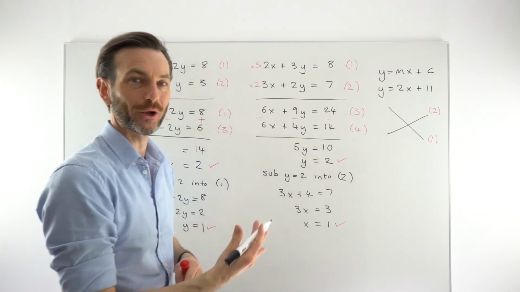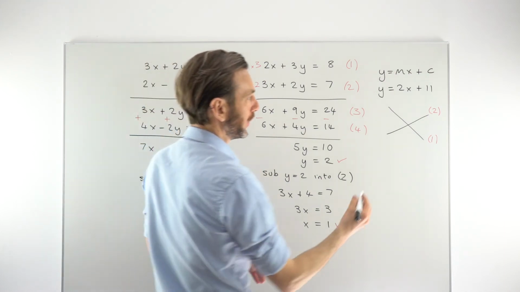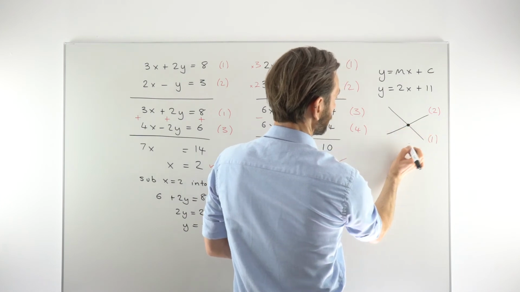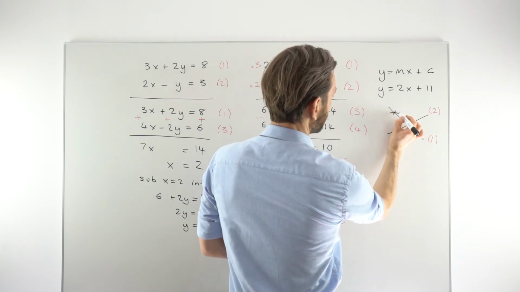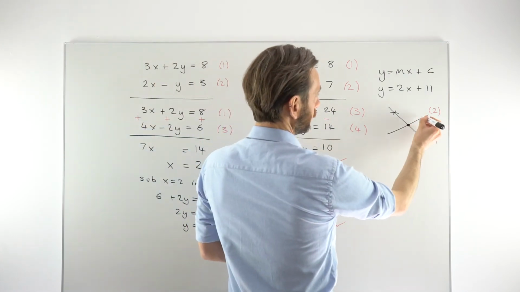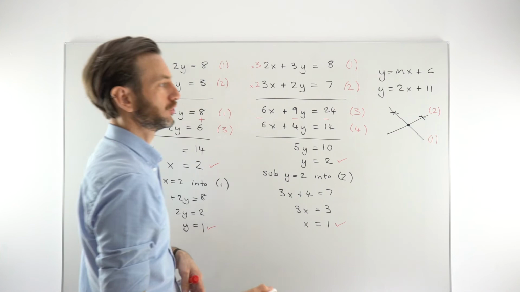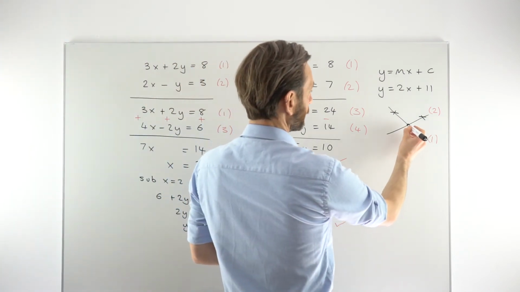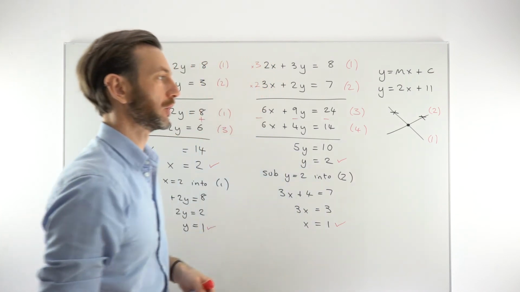The only xy combination that satisfies both equations can be the point that lies on both lines, because you could have an xy combination that satisfies line 1 up there, but it's not on line 2. You could have one that satisfies line 2, so equation 2, but it's not on equation 1. The only one that satisfies both is the point of intersection.